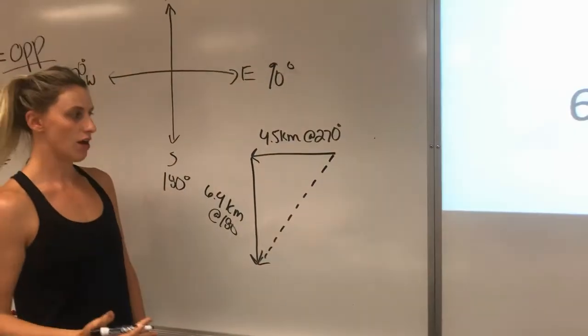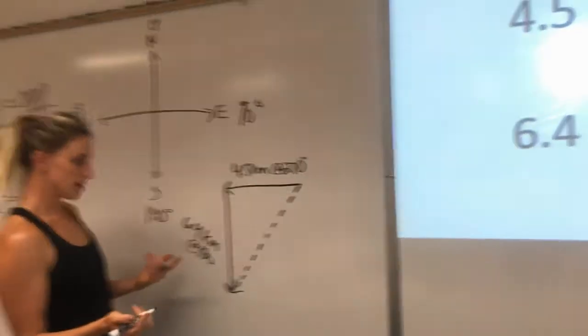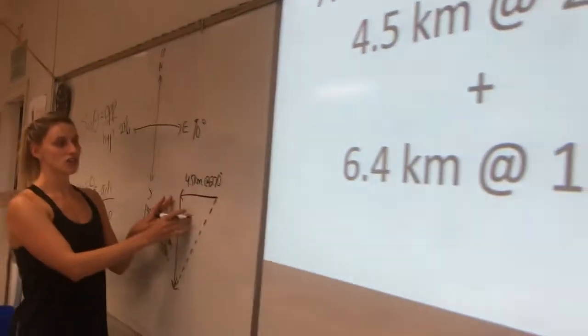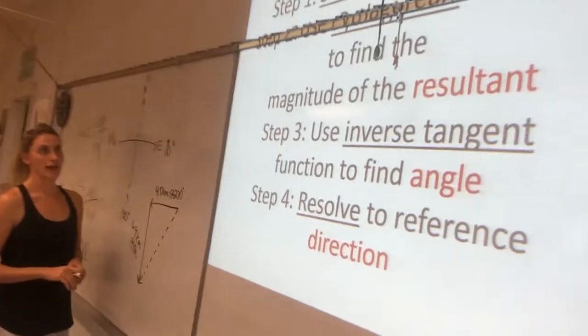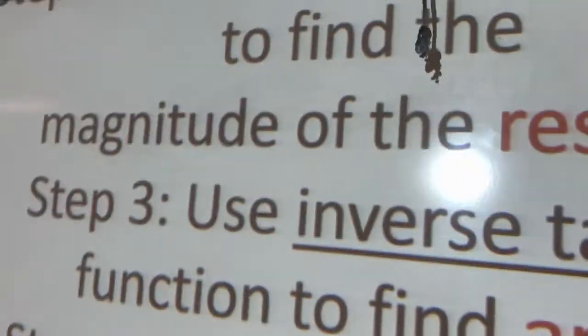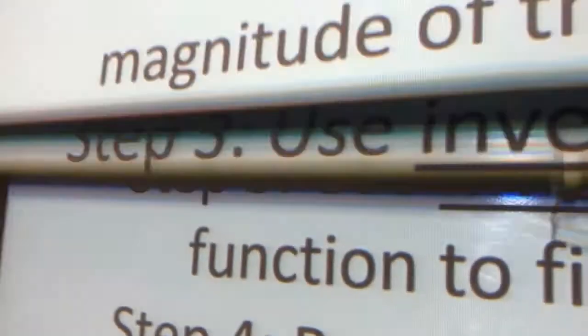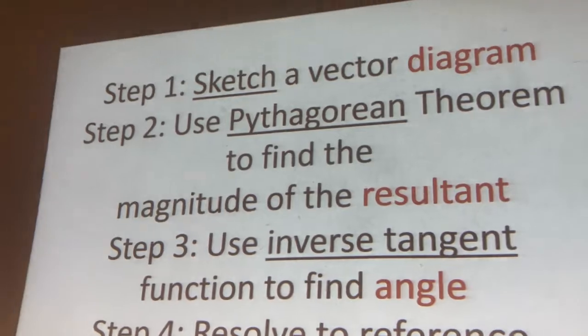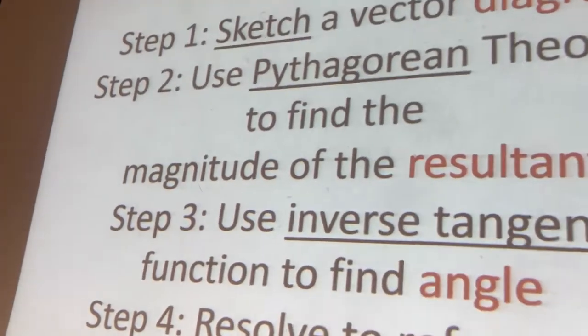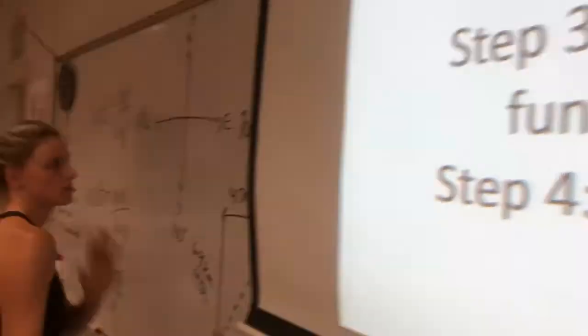Can we figure this out? How do we do this? Step one, we've drawn our sketch. Now we're going to use Pythagorean's theorem to find the magnitude of the resultant. So here we go.